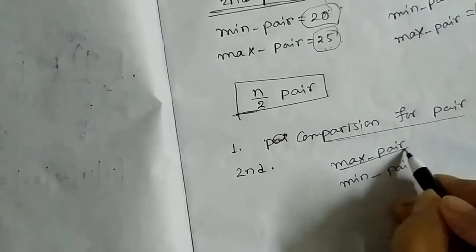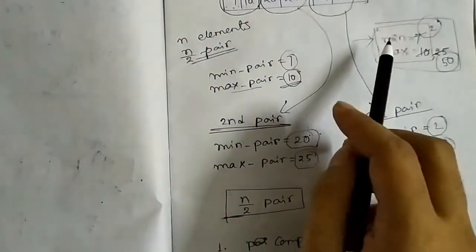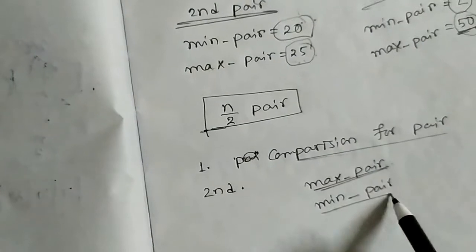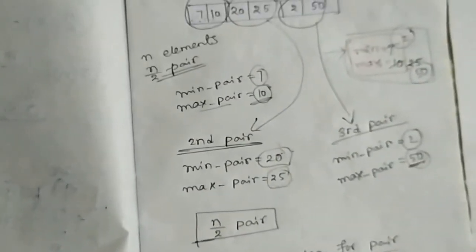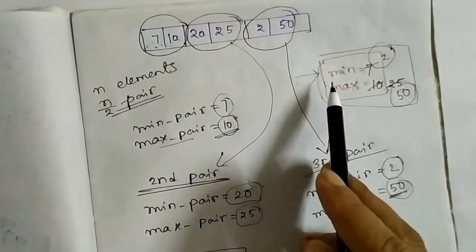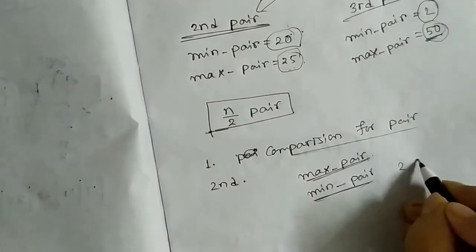Now for this maximum I will check it with the structure maximum, and for this pair minimum I will compare it with the structure minimum. So I need 2 more comparisons.